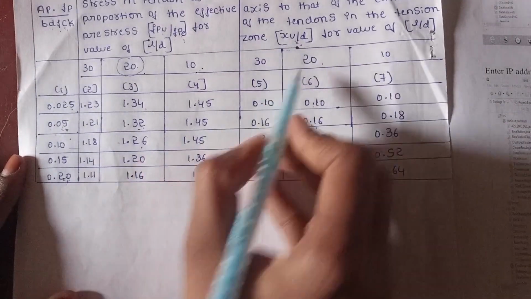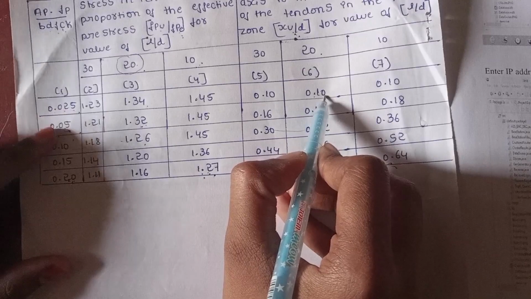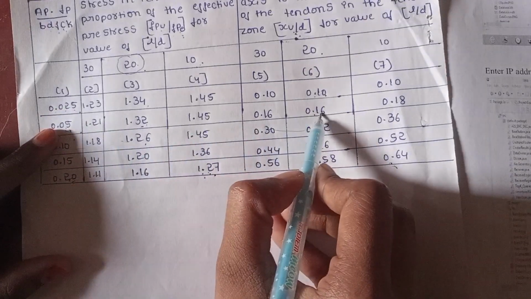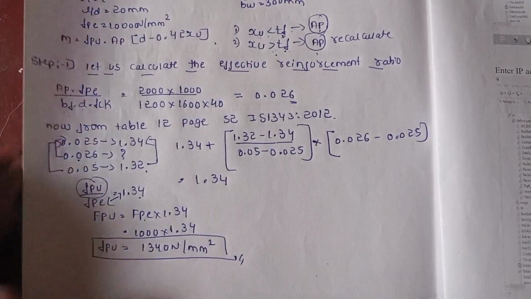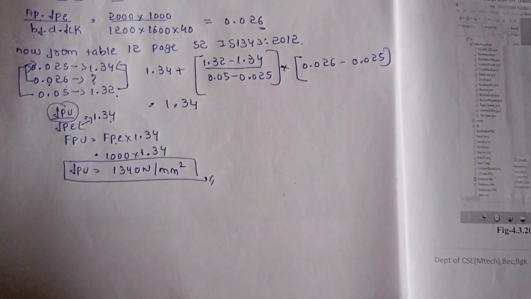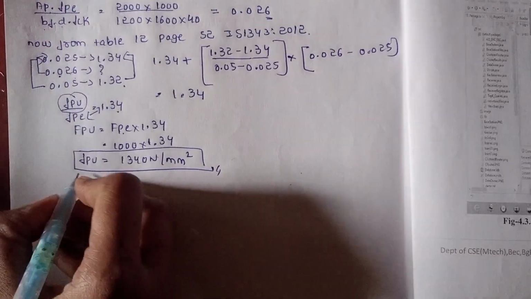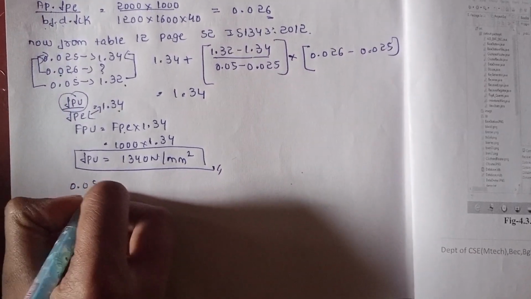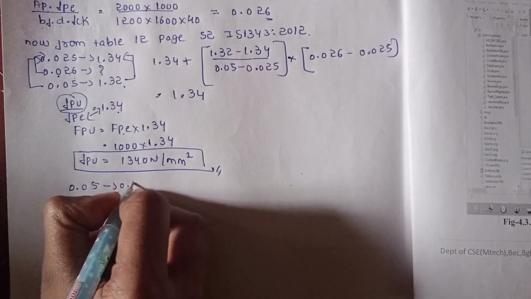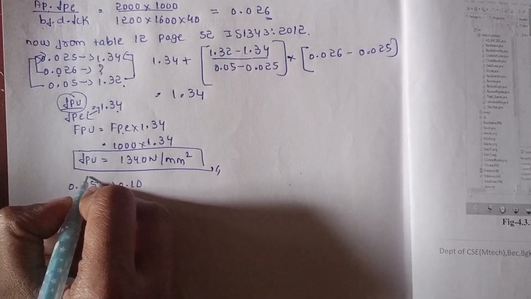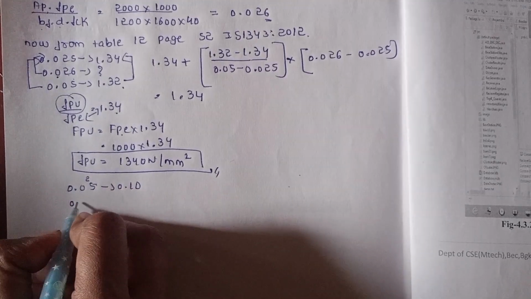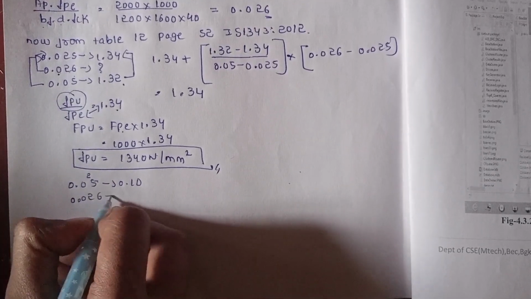So 0.025 corresponding value is 0.10 and 0.05 corresponding value is 0.16. Now we want the 0.026 corresponding value.